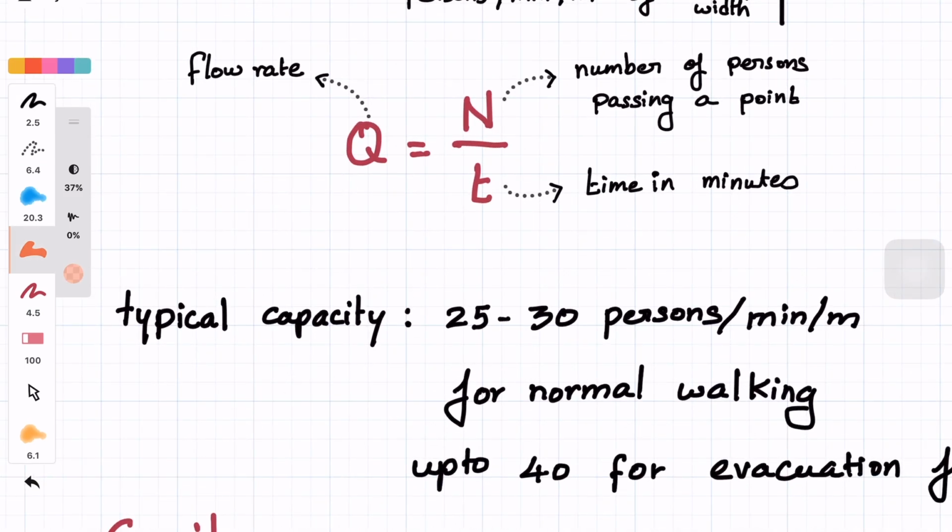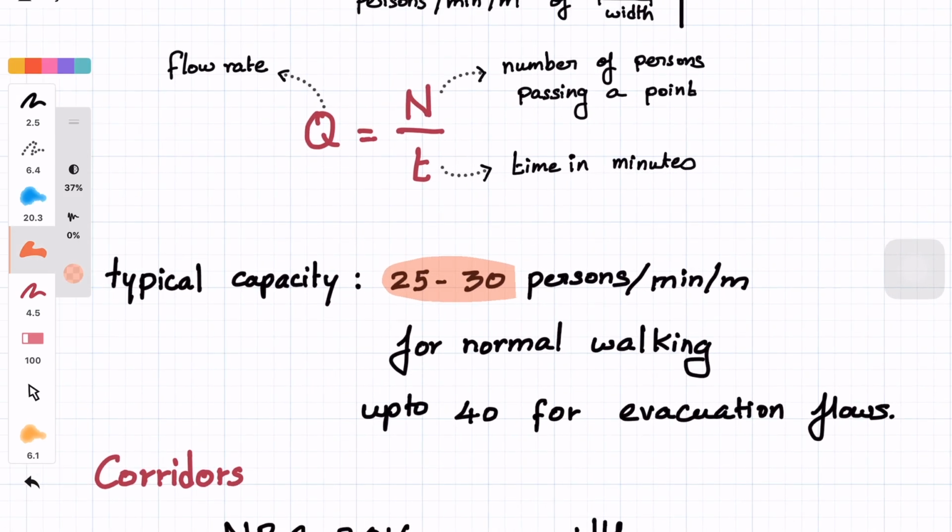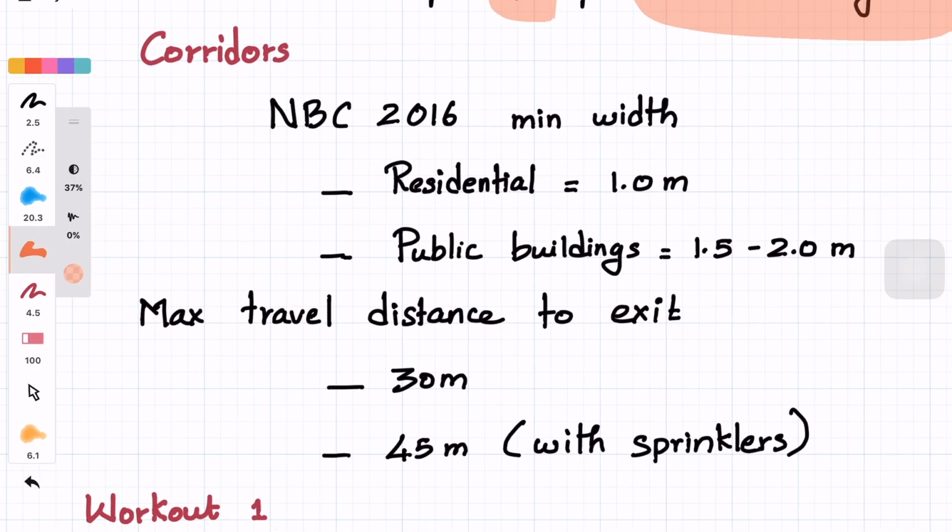The typical capacity is 20 to 30 persons per minute per meter for normal walking, and up to 40 for evacuation flows. Corridors: as per NBC 2016, here we are going to refer only to the minimum width. All the standards give only minimum values.